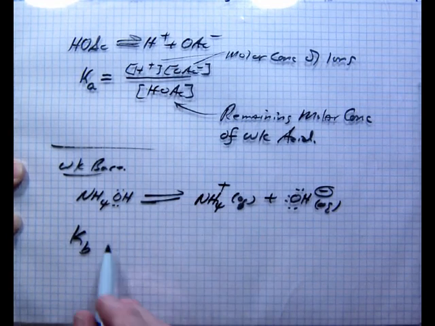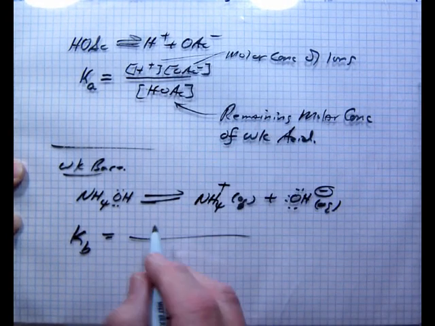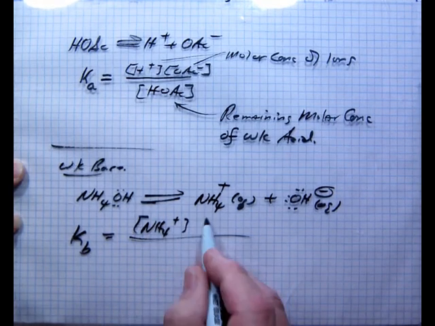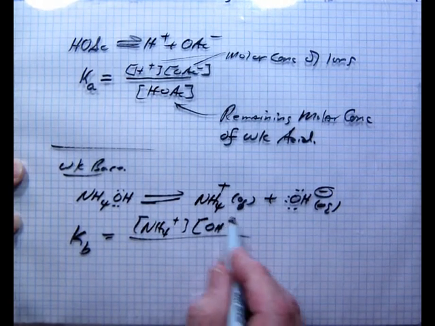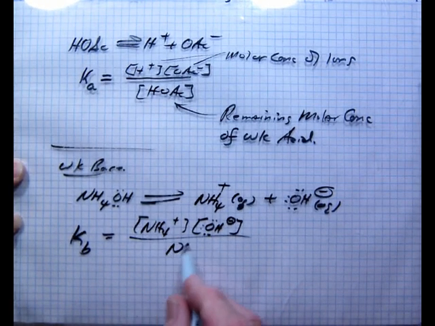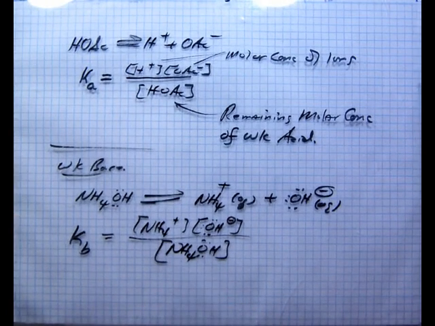In this case, it would be analyzed relative to products over reactants, just like the acid was products over reactants, but this time it would show the ammonium concentration, the hydroxide concentration, and the unionized portion right there.